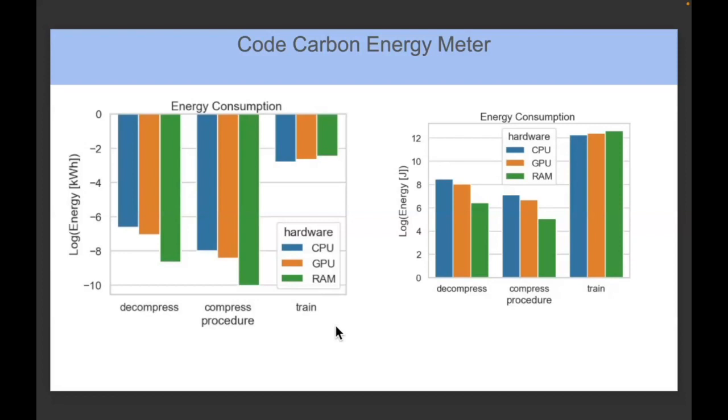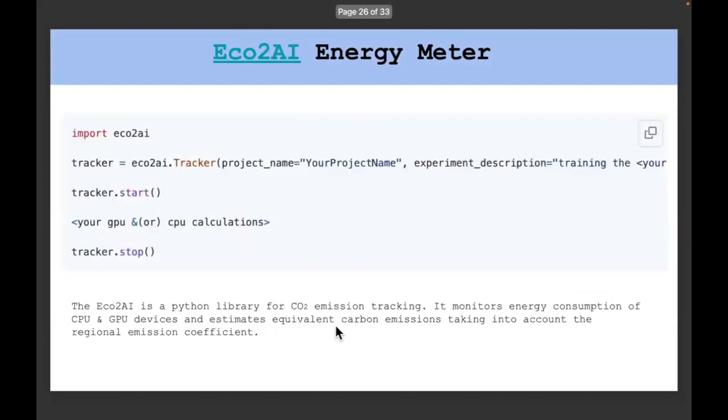So I will go further, and we started one more energy meter. It can also provide this information, but only for the CPU and GPU devices, and it recalculates the carbon emission taking into account the region emission coefficients.